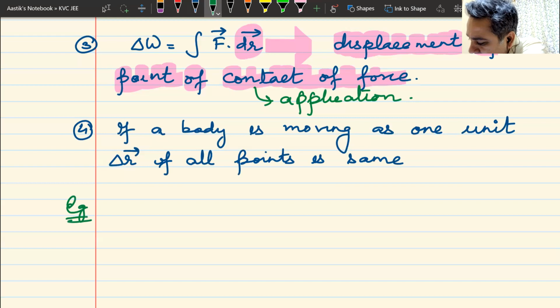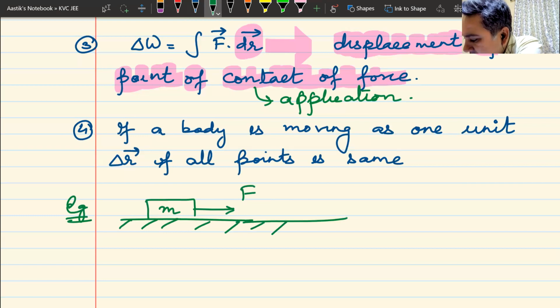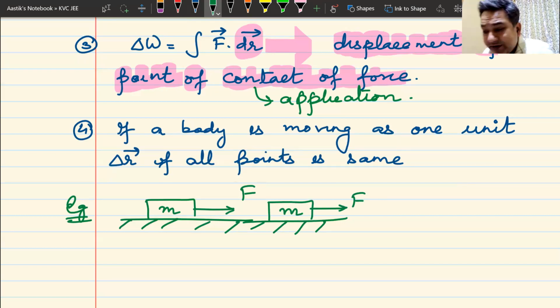Let us take an example. If you have a body like this, a body of mass m, and we apply a force on this body, this body moves. Let us say that this body comes here. Now this entire thing is moving as one body. If something is moving as one body, we can take it as a particle, like this pen moving like this, or moving like this.